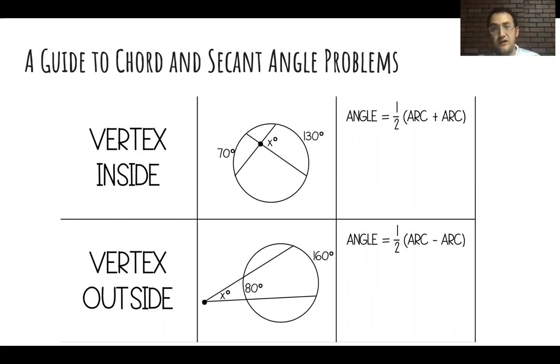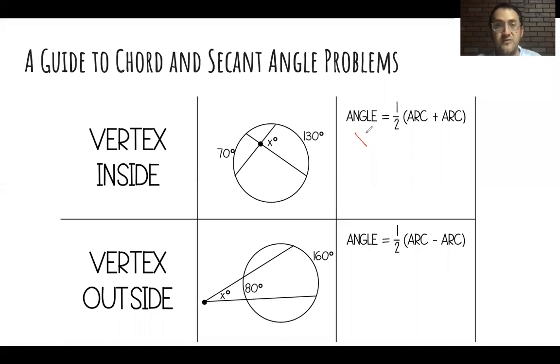All right, so the first one is vertex inside. So we have two chords, maybe they're meeting a little bit outside of the center. So this is saying that the angle is equal to 1/2 of the sum of the two arcs.